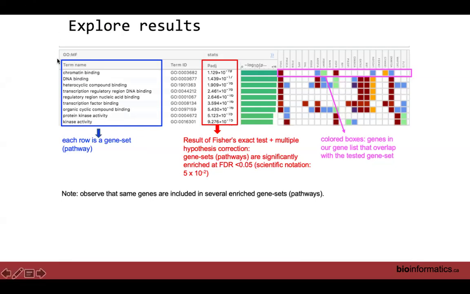So this over here is GO molecular function. Each row represents a gene set or a pathway. So over here you have chromatin binding, DNA binding, and associated with each one of those pathways you have a p-value over here. This is the adjusted p-value, so it doesn't actually show you the original p-value. It shows you post-correction. And what you'll see over here at the other end are colored boxes.